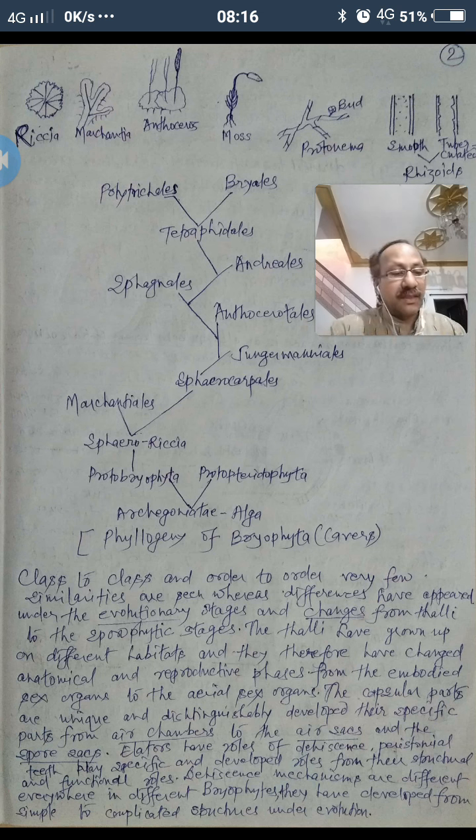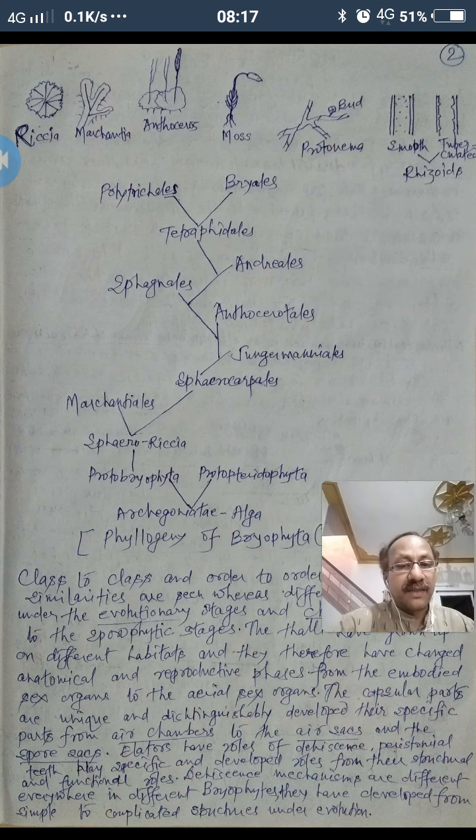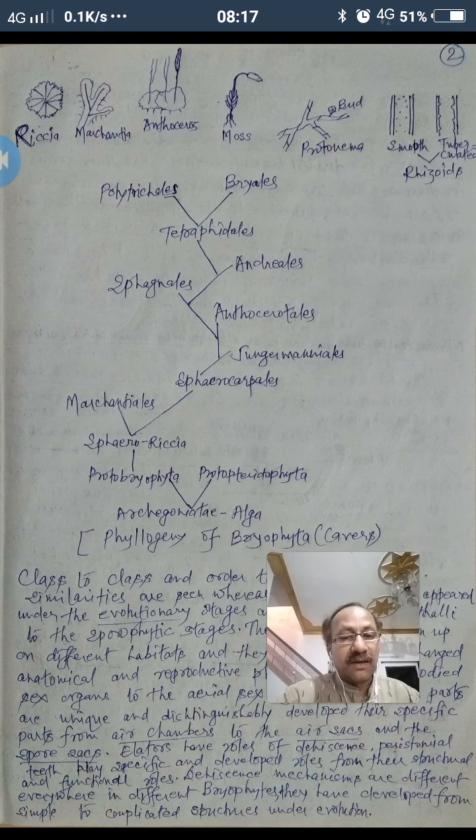So what you see, the phylogeny of the Bryophytes, has brought about many changes, and the changes as part of comparison may be studied separately, additionally.